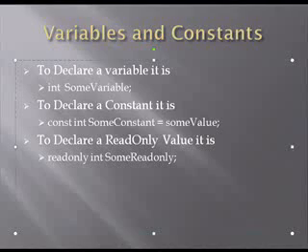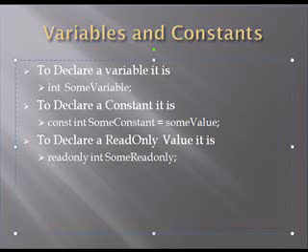And then your type, some constant, equals, and then you have to have some value. Constants must be declared at that time. And a read-only value, which is read-only, your type, and then some read-only value name. Read-only values can be either initialized with a value at the point you declare it, or in the constructor. And once again, I'll get into constructors when we learn about classes.